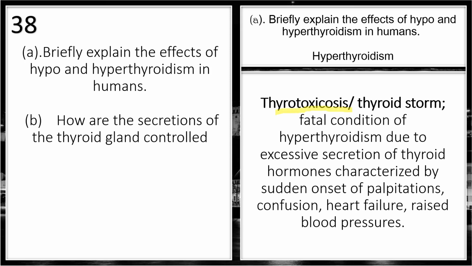Thyrotoxicosis, or thyroid storm, is a fatal condition of hyperthyroidism due to excessive secretion of thyroid hormone, characterized by sudden onset of palpitations, confusion, heart failure, and raised blood pressure.